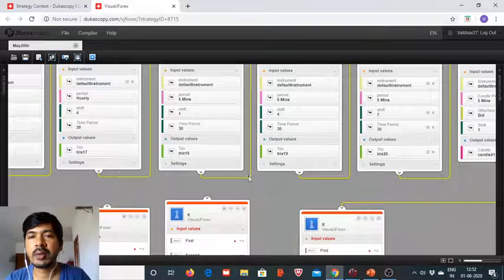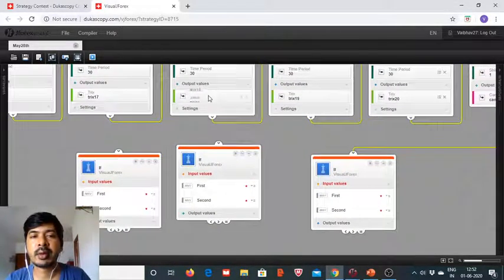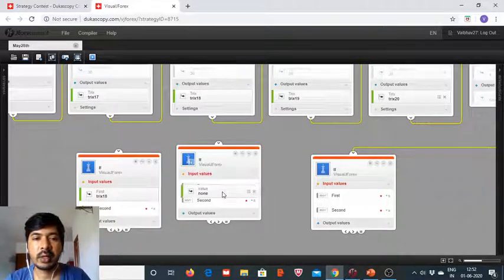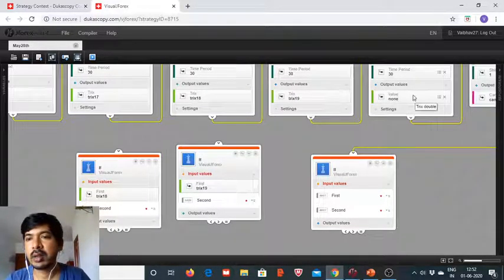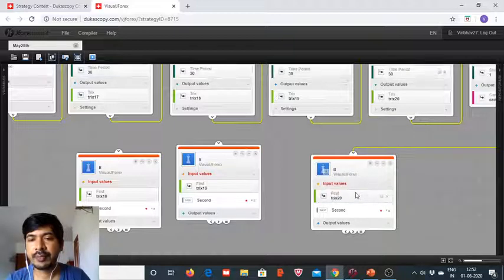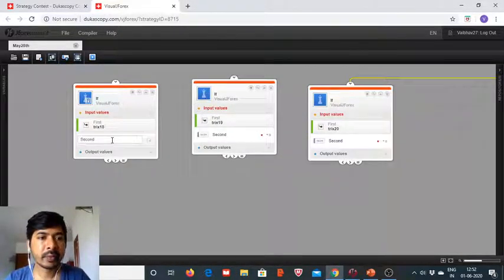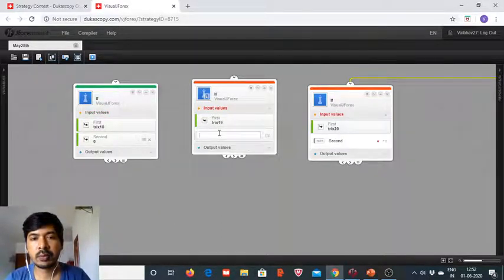So here, TRIX 18, TRIX 19 and TRIX 20, 0, 0 and 0.